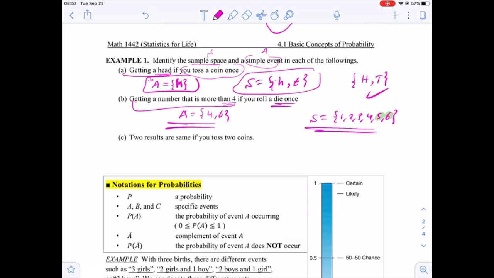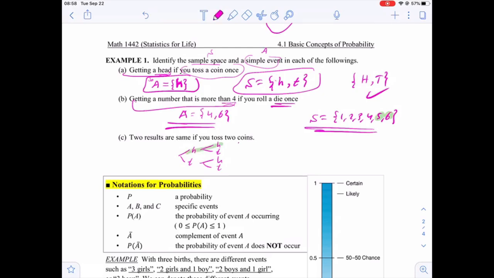Two results are the same if you toss two coins. We're tossing two coins, so for the first coin we get head or tail. For the second one, if the first one is head, the second one can be head or tail. If the first one is tail, the second one can be head or tail.